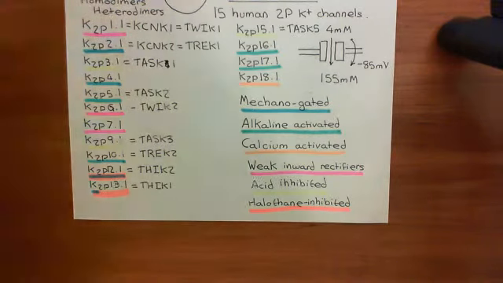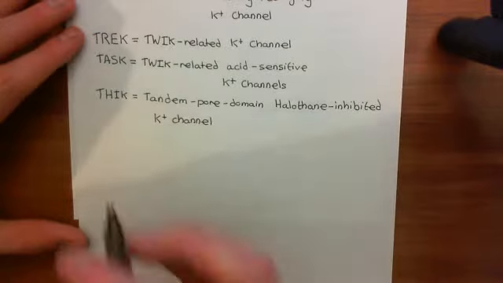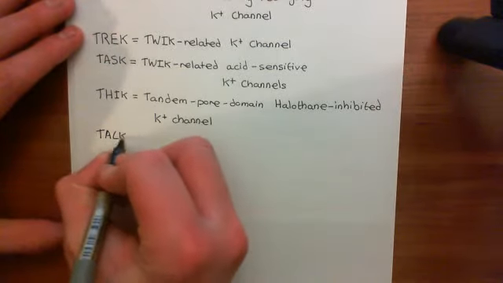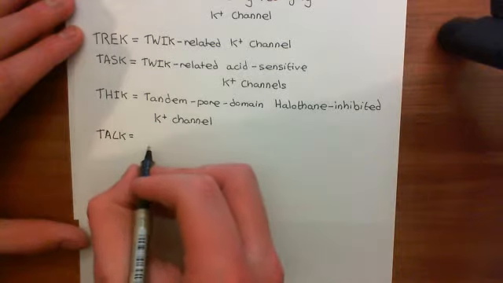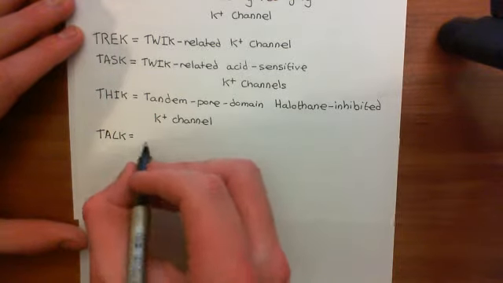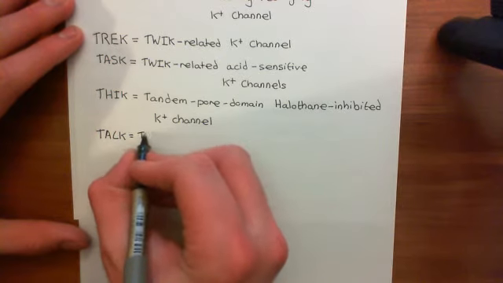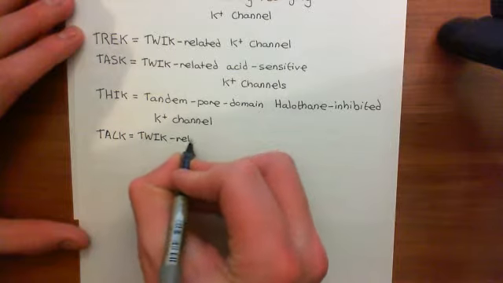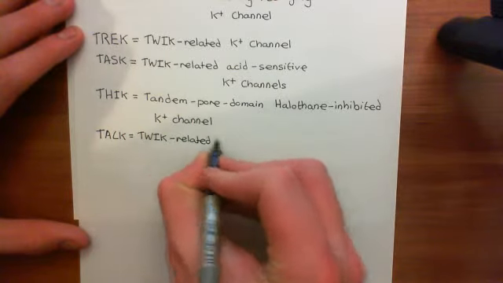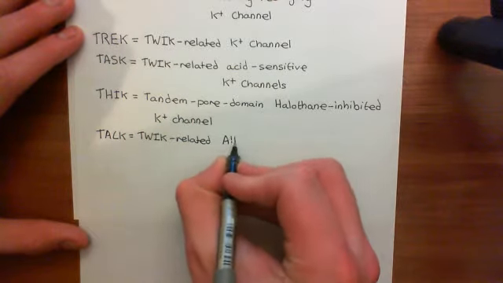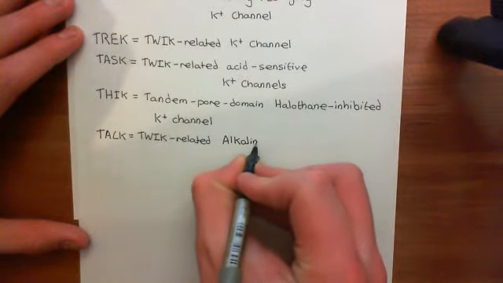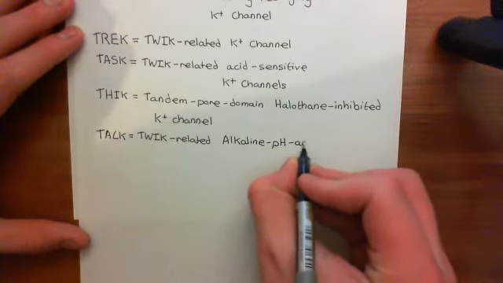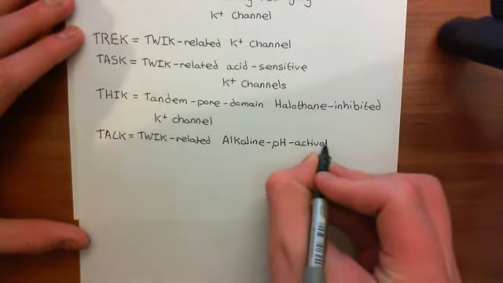The next name that's used is TALK. TALK stands for TWIK-related alkaline pH activated potassium channel. So the T stands for TWIK-related, the AL stands for alkaline pH activated, and then the K is for potassium channel.